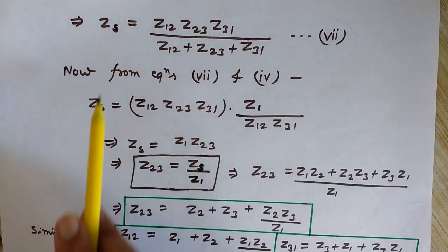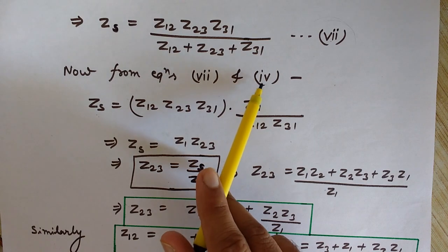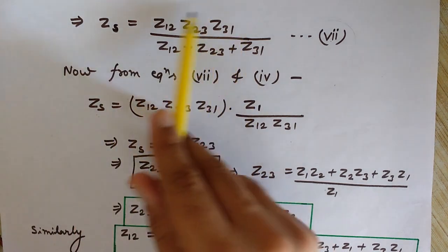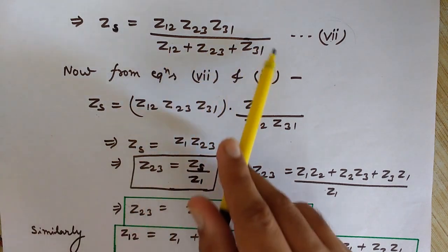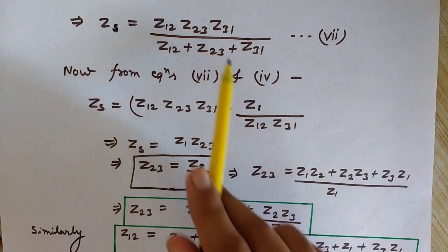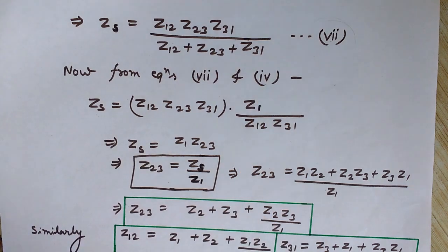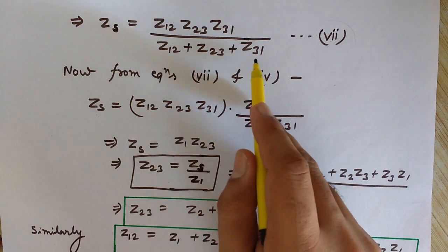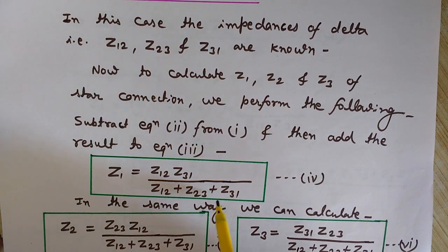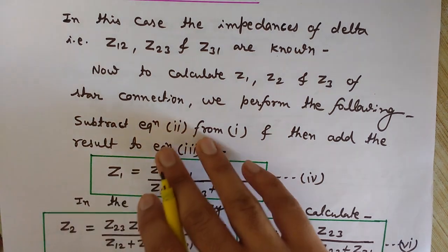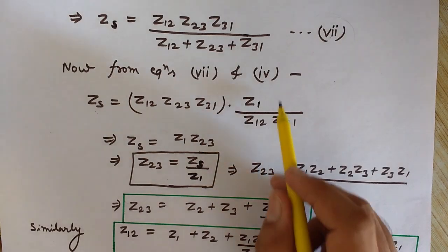So we can rewrite it as, using equation 4, Zs equals this part, the numerator part is taken the same, and we will replace this value which is in the denominator by using equation number 4. This one, Z12 plus Z23 plus Z31, can be written as Z12 Z31 divided by Z1. Okay, so just replace it.